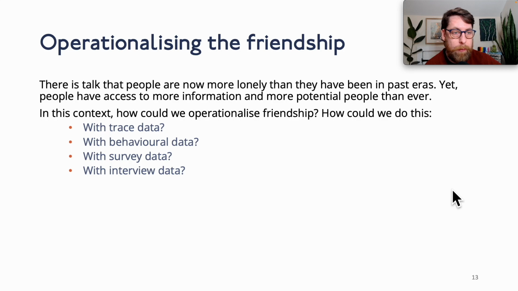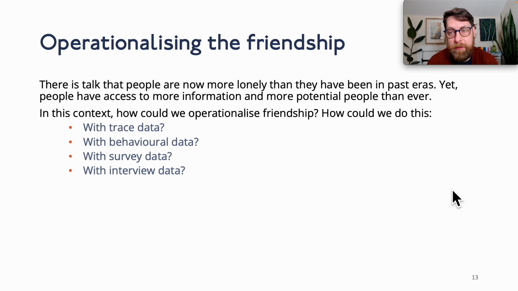Similarly, with survey data, we can ask, how many friends do you have? And with that, we might get an accurate measure, or we might get an overinflation. We know that historically, unfortunately, certain kinds of questions have been asked that people will inflate the answers to, or reduce the answers, and have some sort of social desirability bias.